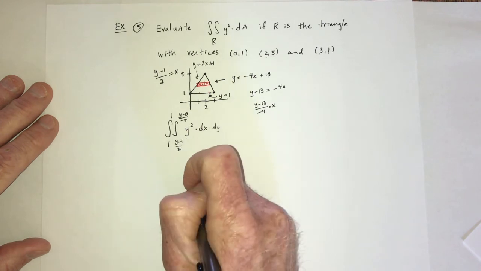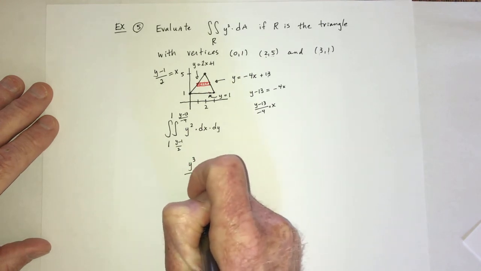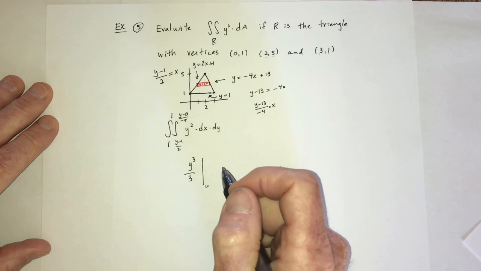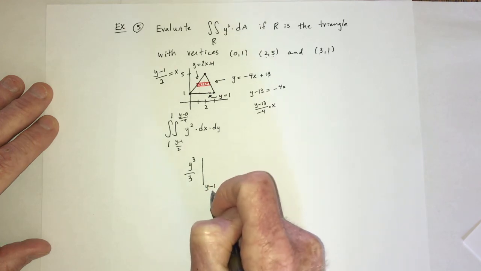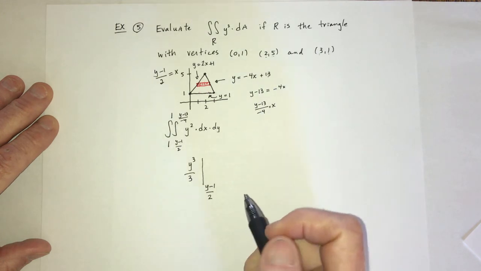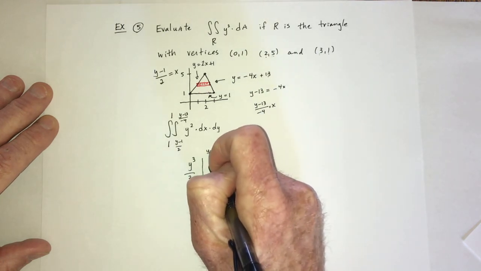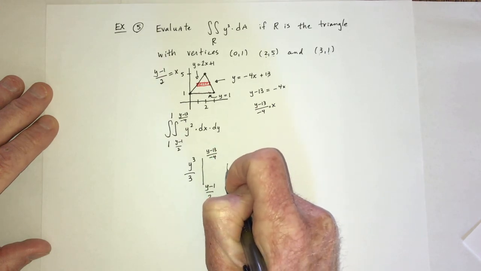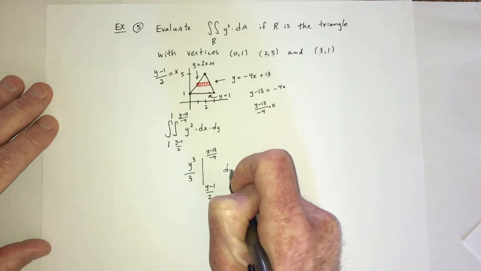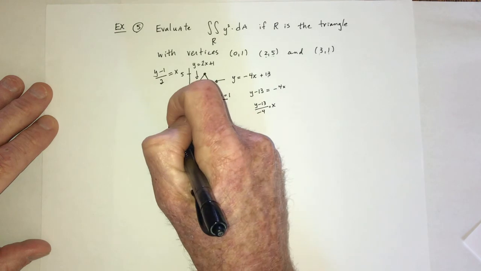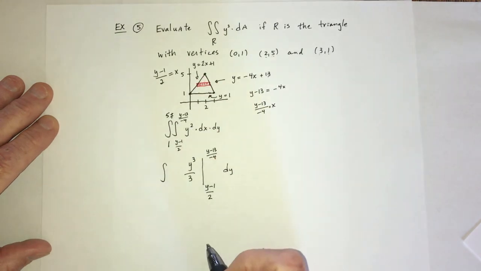So integrating this is going to be y cubed over 3 evaluated from... Oh, so I was looking at the wrong one. Y minus 1 over 2 on the bottom, and y minus 13 over negative 4 on the top. Oh, I put a 1 right there. That's supposed to go from 1 to 5.